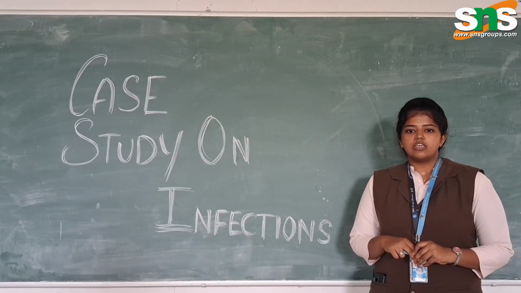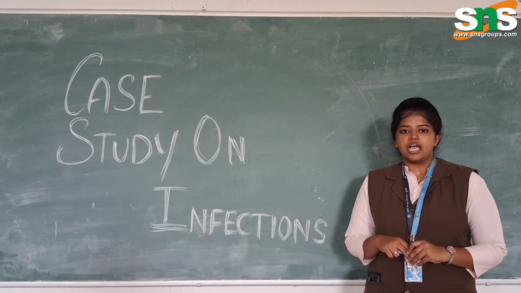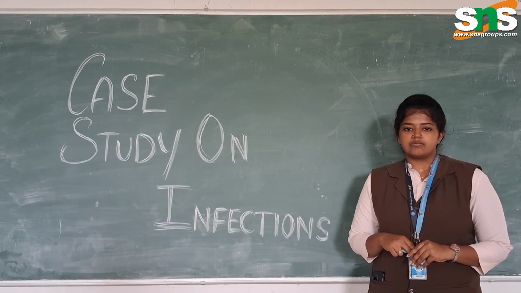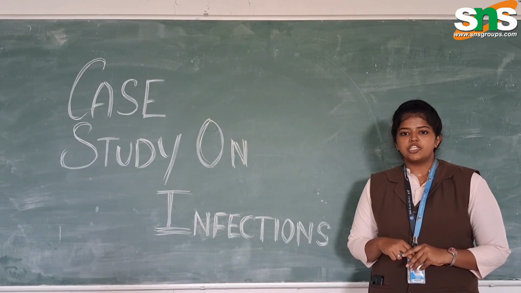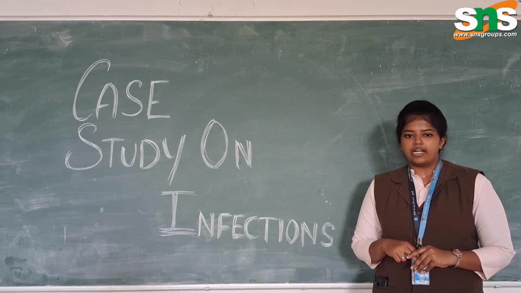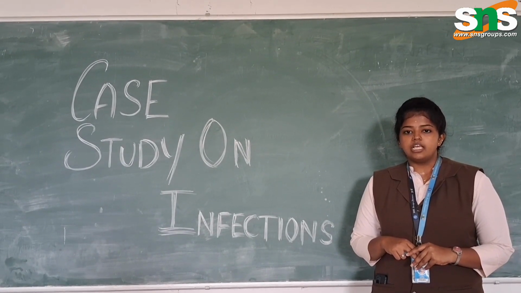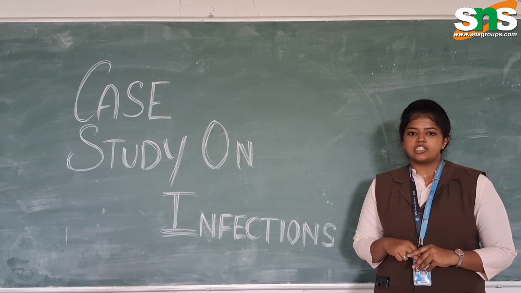Smoking and COPD are major risk factors of lower respiratory tract infection because they reduce the lungs' defense mechanism. During physical examination, the patient had a temperature of 101 degrees Fahrenheit, rapid breathing, and crackling sounds were heard in the lungs during auscultation.